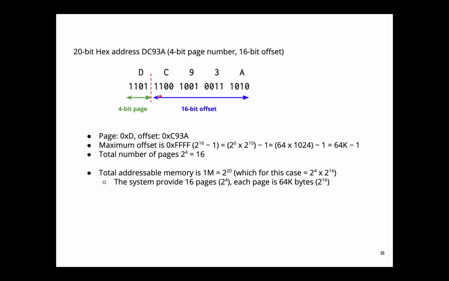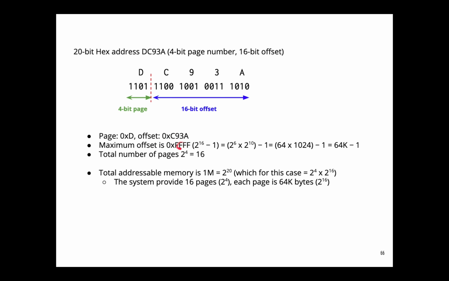Because we have the offset in 16 bits, the maximum offset is when all these bits are ones, in which case we see 1 1 1 1 all the way, so FFFF when we translate the number to hex. So what is the decimal value of this number?